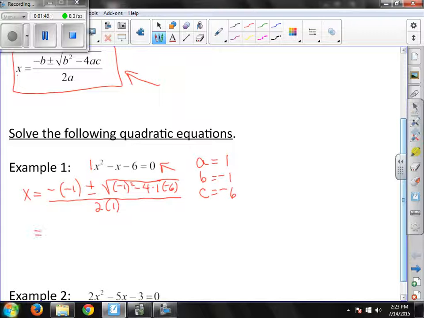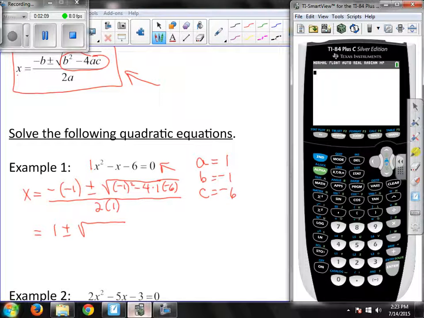Let's start simplifying. I have 1 plus or minus the square root. Now, this calculation, the b squared minus 4ac underneath the root sign, is called the discriminant. And we should always do that separately, and preferably on your calculator.